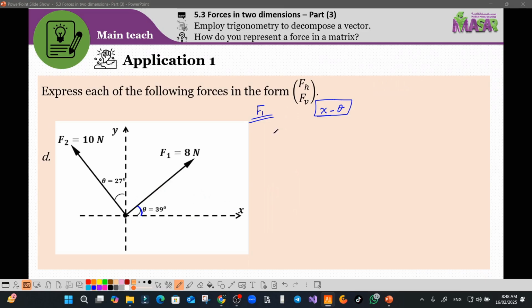which means the F cosine should belong to the x component, or the horizontal component. Since F1 is in the first quadrant, the Fh is positive as well as Fv. Now Fh is positive and it's written as F cosine theta. Fv also is positive, this is F sine theta.